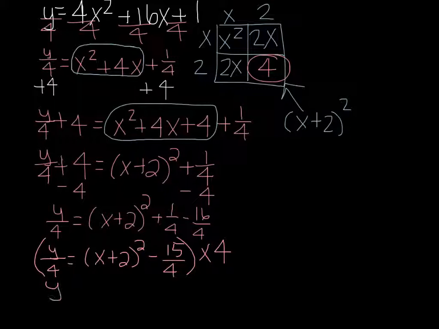That gives us y is equal to, if we multiply this set of parentheses by 4, we're going to have 4 and then times x plus 2 squared. And then negative 15/4 times 4 is basically going to cancel out that 4 in the denominator to give us minus 15. This means that your vertex should be at negative 2, comma, negative 15.